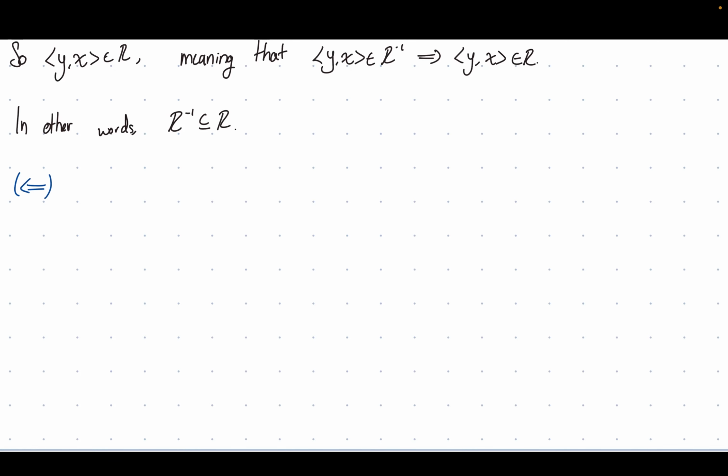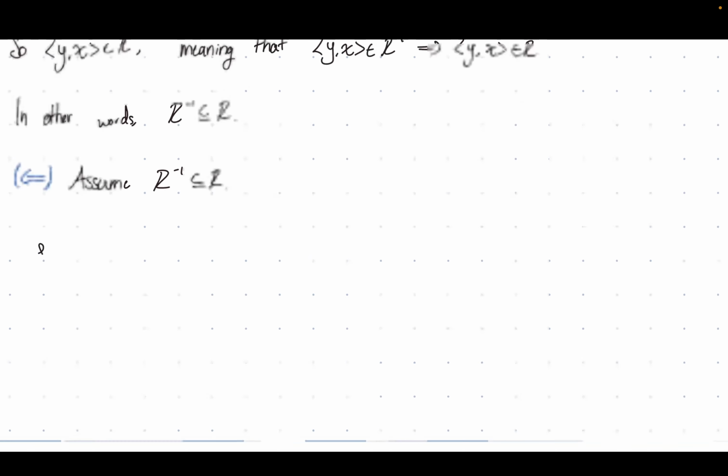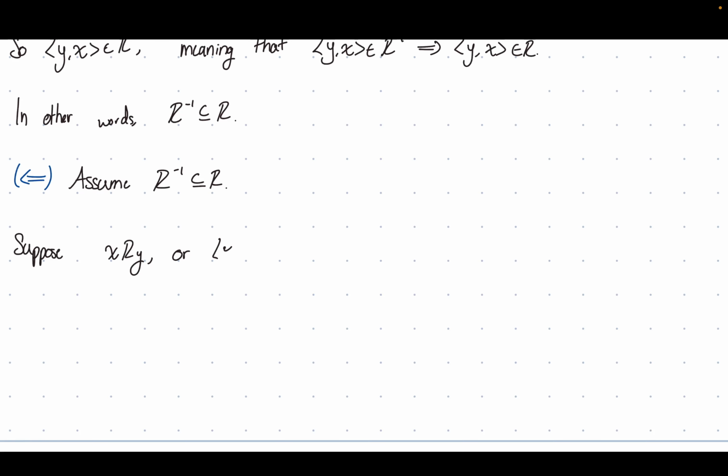So let's assume R inverse is a subset of R. And now let's suppose that X R Y, or X comma Y is an element of R. We're trying to show that if X R Y is true, then Y R X is also true.